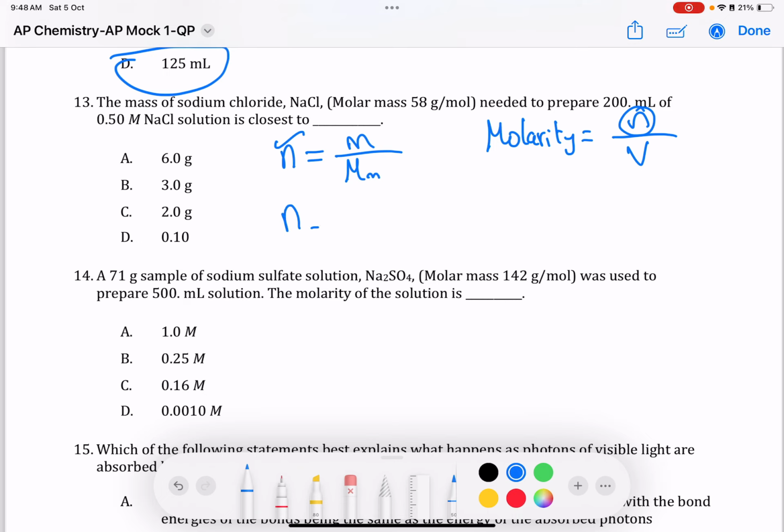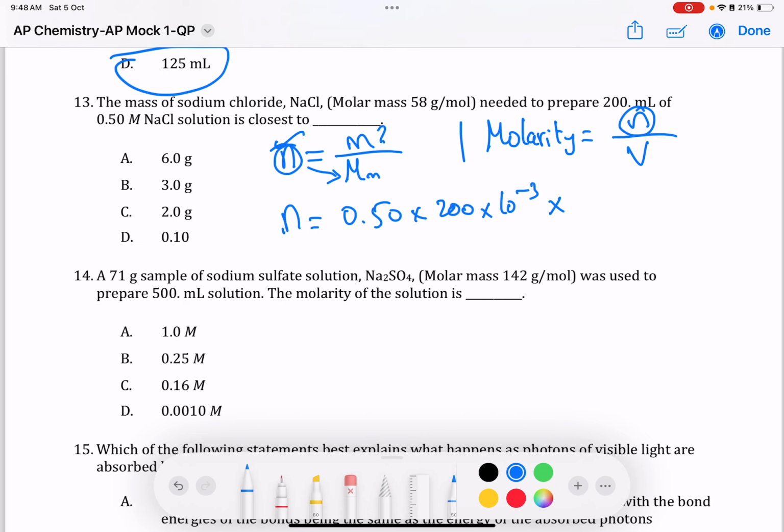So in this case, we multiply the molarity by the volume. Of course, do not forget to convert the volume into liters. And placing n here, we need to multiply it by the molar mass in order to get the mass needed.